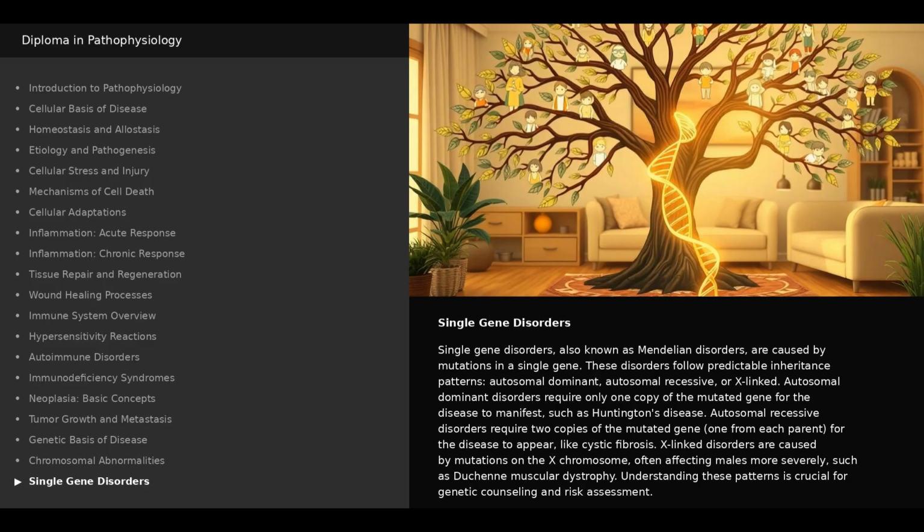Autosomal recessive disorders require two copies of the mutated gene, one from each parent, for the disease to appear, like cystic fibrosis. X-linked disorders are caused by mutations on the X chromosome, often affecting males more severely, such as Duchenne muscular dystrophy. Understanding these patterns is crucial for genetic counseling and risk assessment.